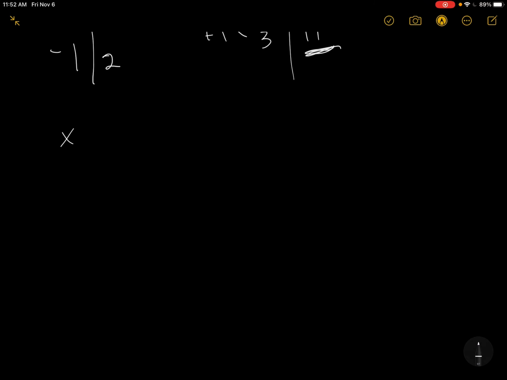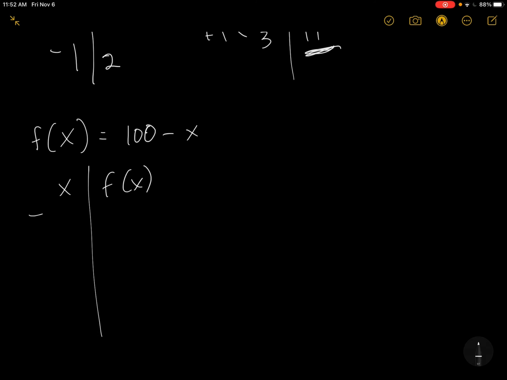Maybe you have a function that's like this. Maybe this represents the money you spend, right? Okay, so if you spend $0, you're still going to have $100 in the bank. If you spend 1, you have 99. If you spend 2, you have 98.